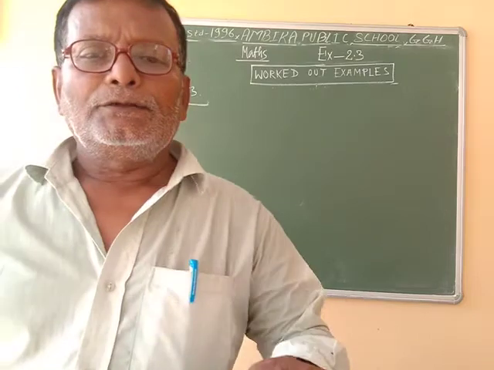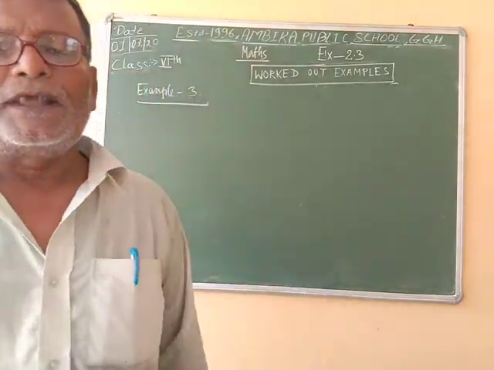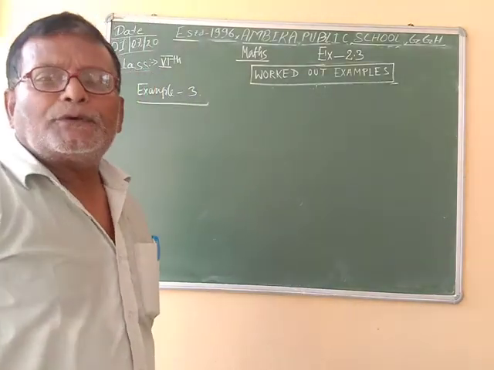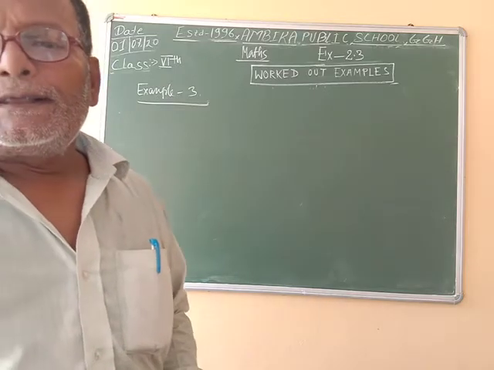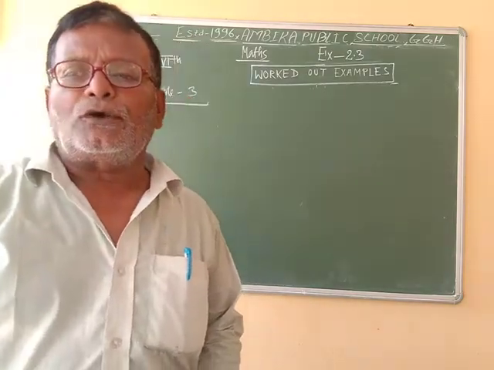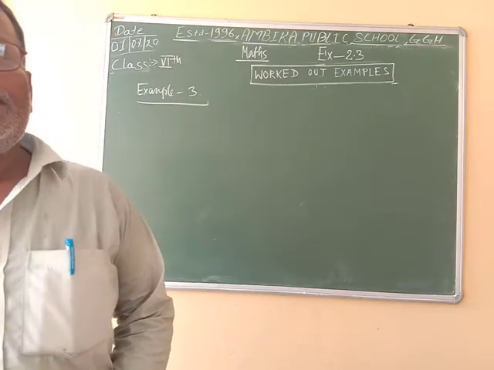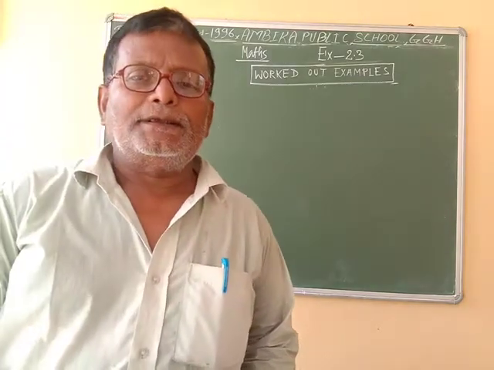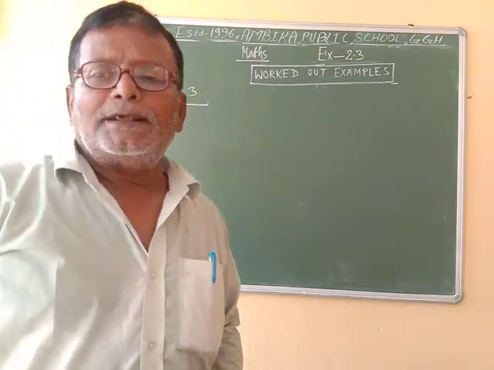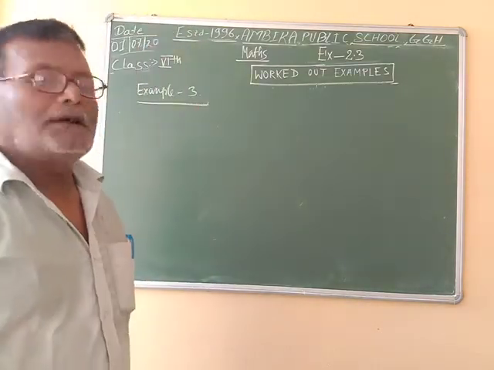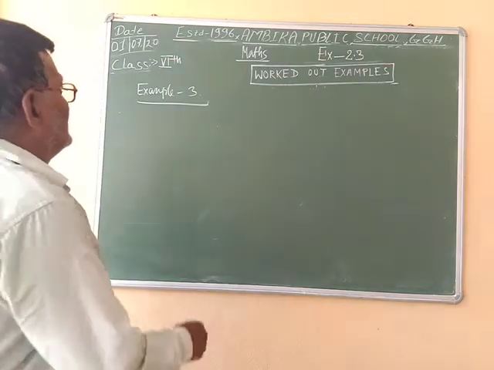Justify through examples. If the product of two numbers is 0, can we say that one or both of them will be 0? So the answer will be yes, because if the product of two whole numbers is 0, then at least one of them must be 0.